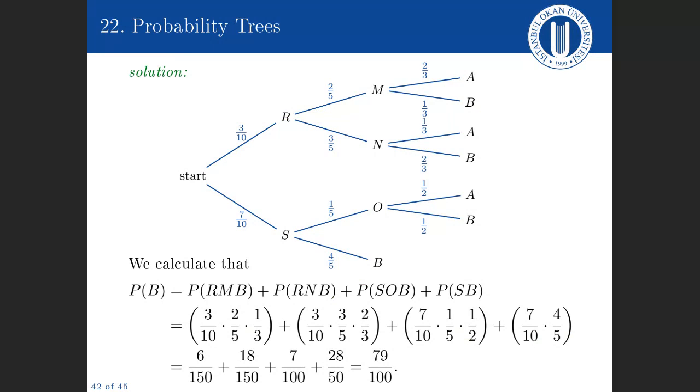Along each branch, we multiply the probabilities together, and then we add these numbers together. Add all of the branches that we want to use together. And when you rewatch this, you can check this calculation, check that the probability of B is equal to 79 over 100.